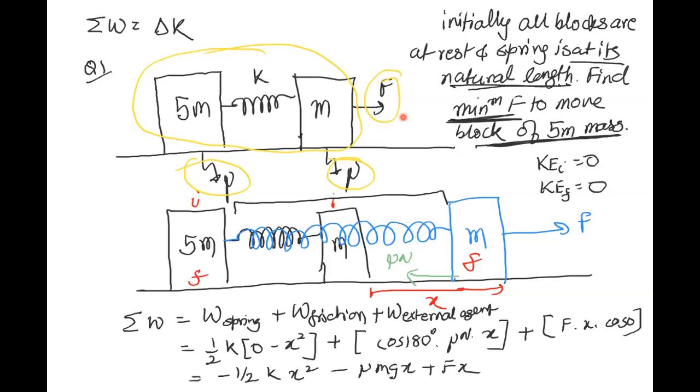Therefore, velocity of the object of mass m towards the right will still increase. Okay, and this will keep on happening until the elongation of the spring becomes such that the spring force combined with the friction force on the block will match the external force. And when that happens, the net force on the object becomes zero.